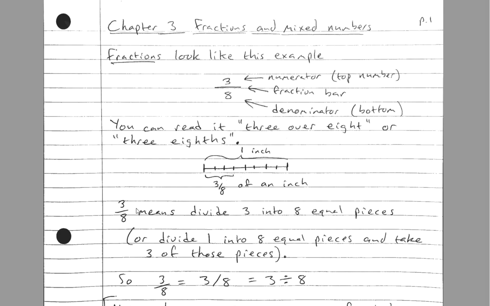Well, that's one way to think of it. Another way is to take the top number and divide it into 8 equal pieces. So if you start with 3 and divide 3 into 8 equal pieces, this will be the size of one piece. But it's easier to divide 1 into 8 equal pieces and then take 3 of those pieces.